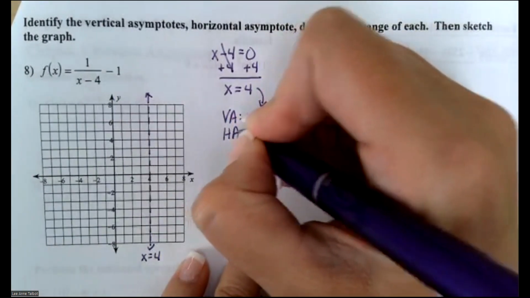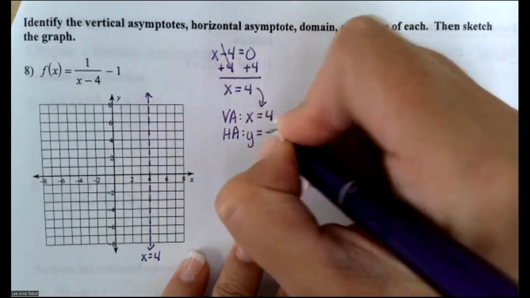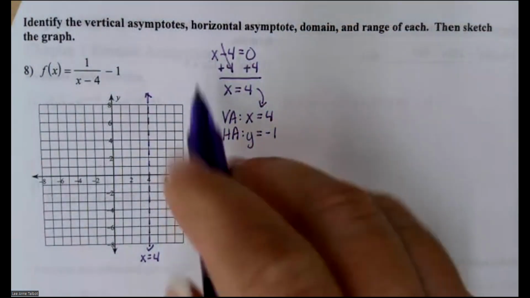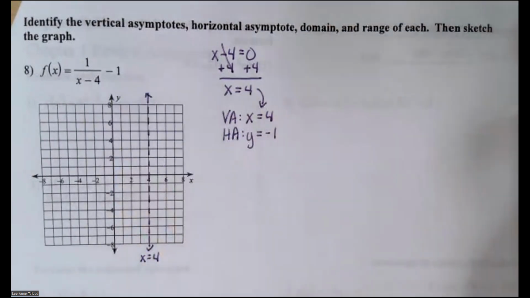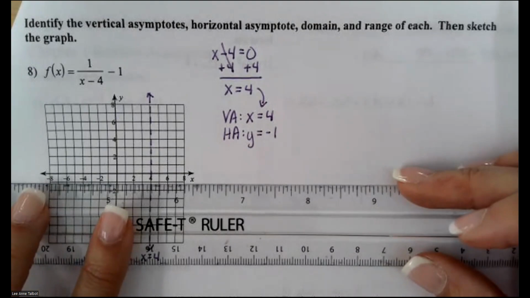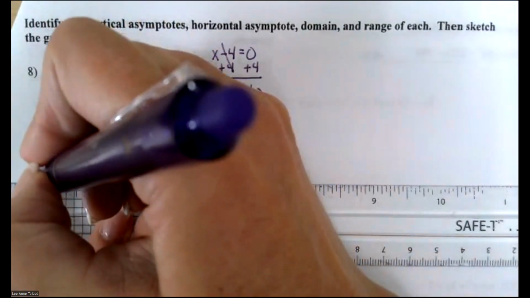Okay, horizontal asymptote in this case is -1 because there's a -1 on the end here. We do not switch the sign for that. We just leave it -1.